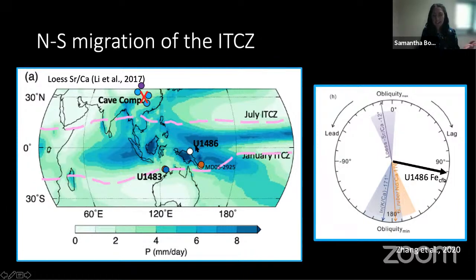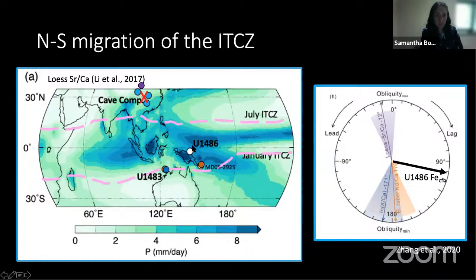It's just that here in the heart of the warm pool, a north-south shift is likely to have a pretty limited impact on rainfall. It's not going to matter if it shifts a little bit further south or north because we're really settled here in the center.